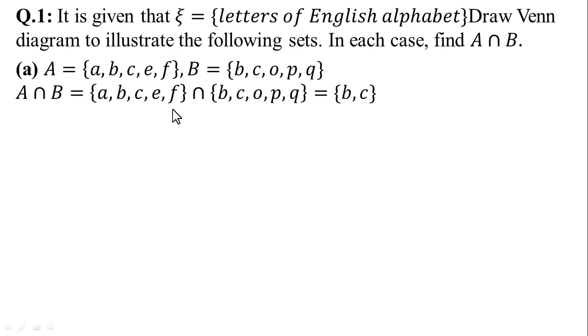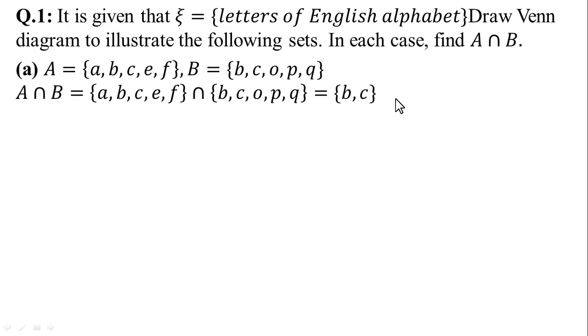What is meant by the intersection? Intersection means taking the elements in both sets, or in other words, the common elements in both sets. So the common elements in both sets are B and C. Now draw the diagram.